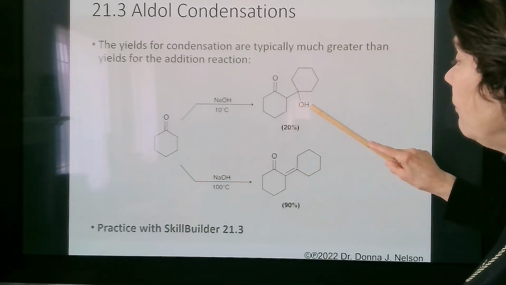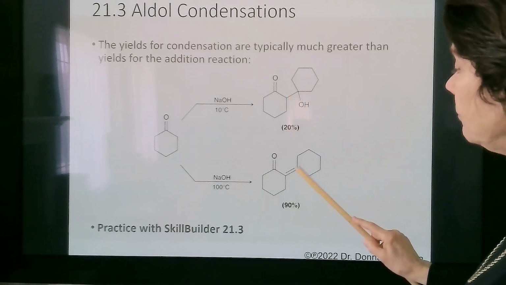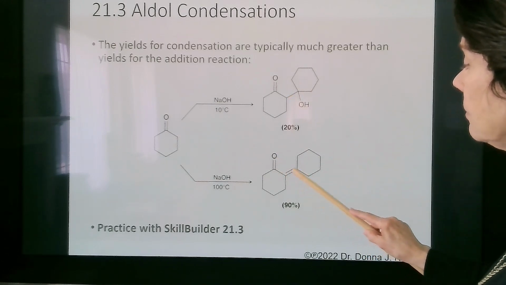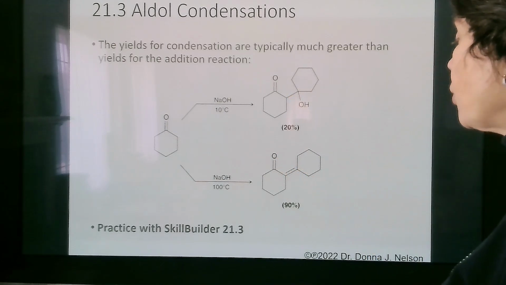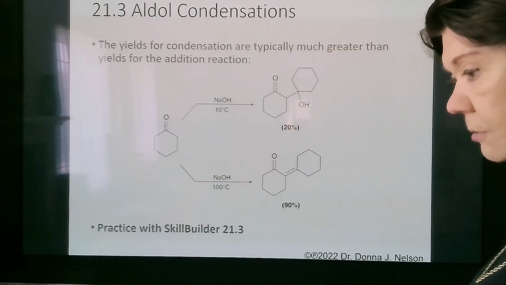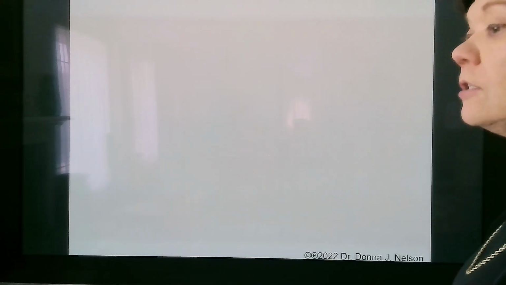Okay, so here you've lost this group. This is going to be a planar molecule, nice planar molecule, much less steric hindrance.